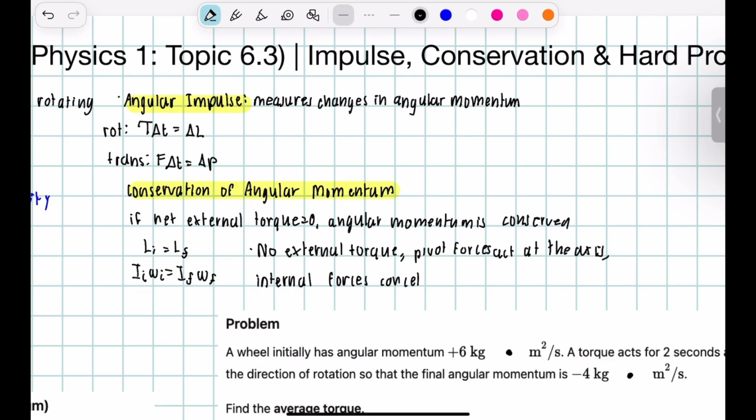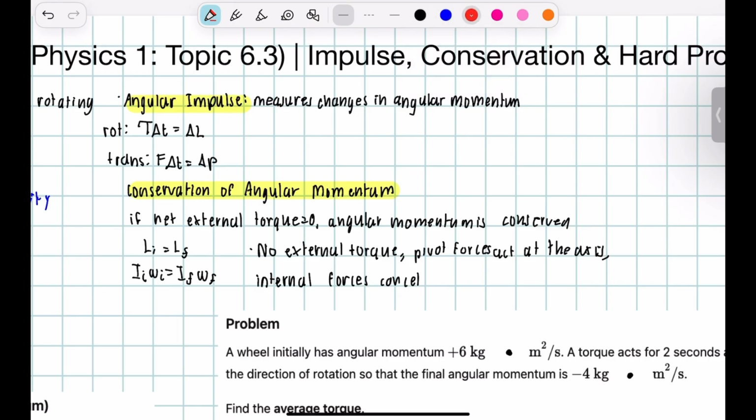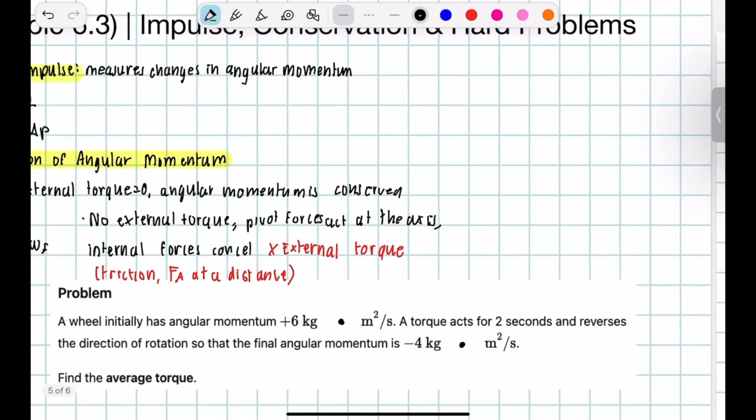So if there's external torque, you cannot have that. So things you can't have are external torque, aka friction, and an applied force at a distance. Those would not allow for conservation of angular momentum.